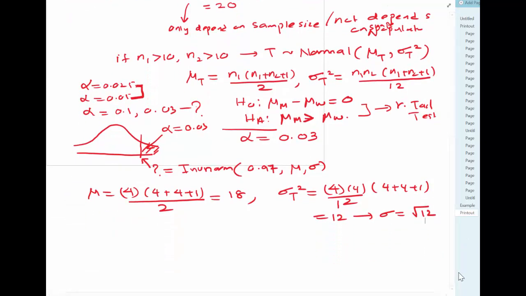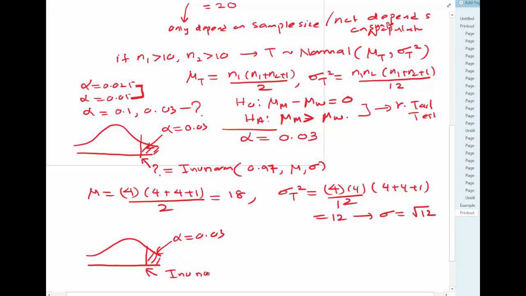So now I can calculate this critical value. Here I have alpha equal to 0.03, and the critical value is basically inverse norm of 0.97, with mean 18 and sigma the square root of 12.